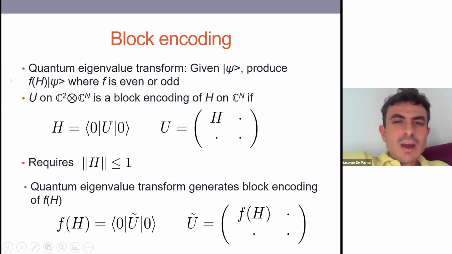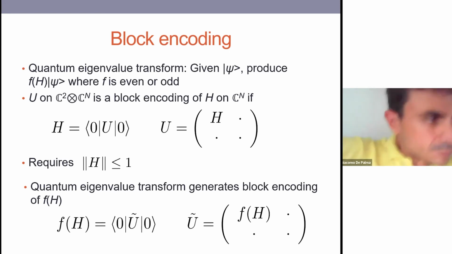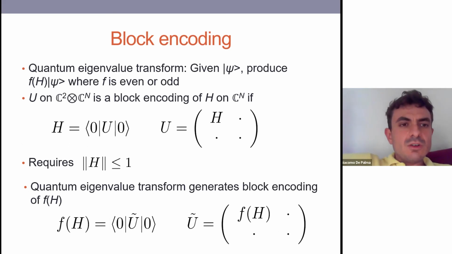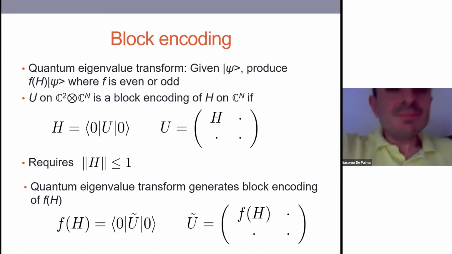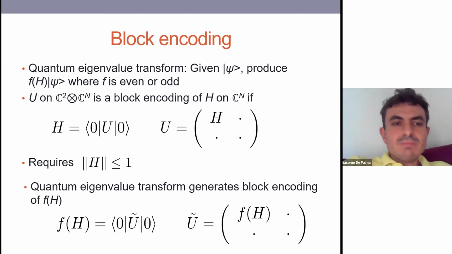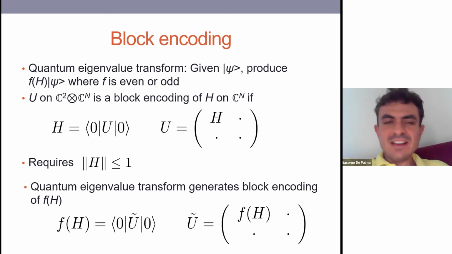And this should look quite familiar to you because we have seen this before for HHL, for example. And for HHL, f was the inverse function, which is actually odd. But then I told you that the same techniques can be employed to apply a generic function. Now, what is the advantage of this technique with respect to HHL?